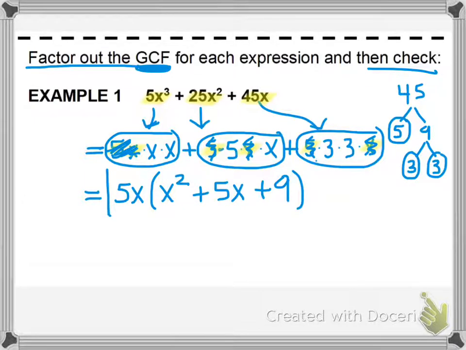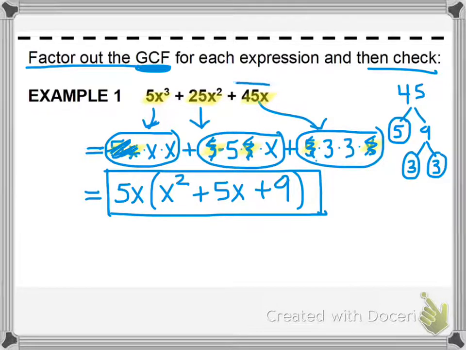So this is the factored form of this. The 5x specifically, that is the greatest common factor. If I pull that out though, I've got to put what's left, what I did not pull out, in parentheses after it. So this is my answer.